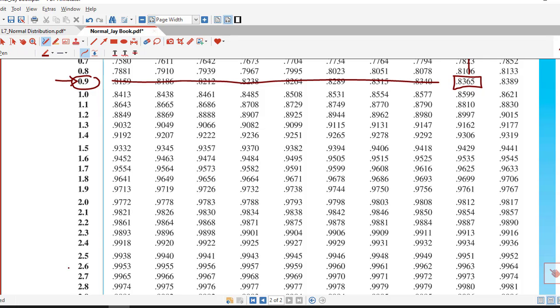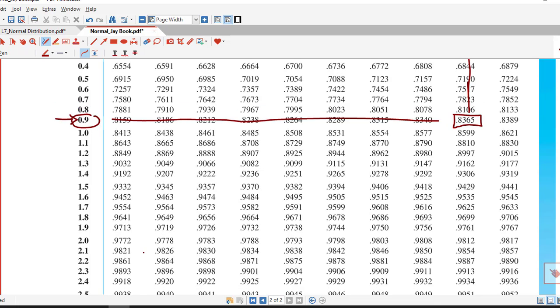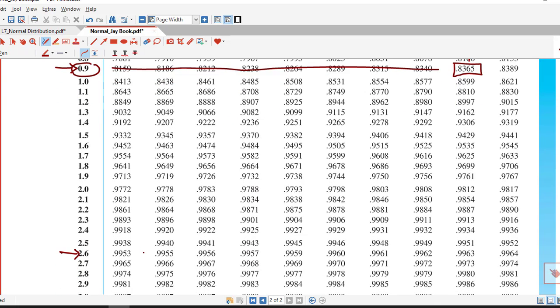Here we have 2.6 and we have to go up to 3. 2.63 means we have to go up to 0.03. So this is corresponding to 0.00, this is for 0.01, 0.02 and this for 0.03, 0.9957.